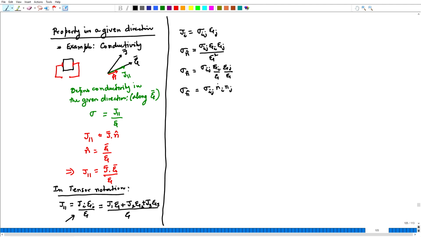So, ni and nj are the components of the unit vector n. Now, let us expand the above equation.